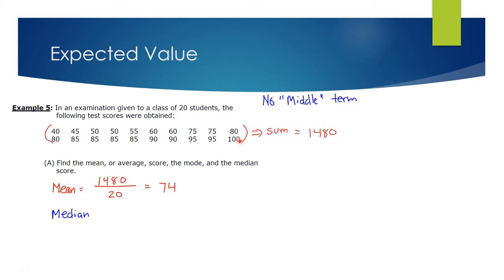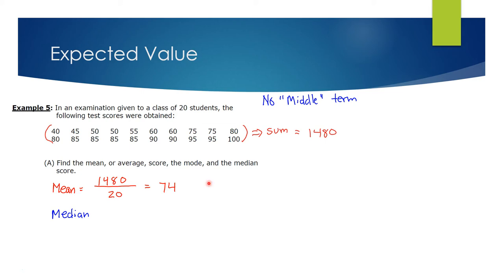So what I have to do under those circumstances is take the 10th term and the 11th term in this case. Take the number of things in my data and divide it by 2. If I get a whole number, then I look at that term and the term following it and average them together.